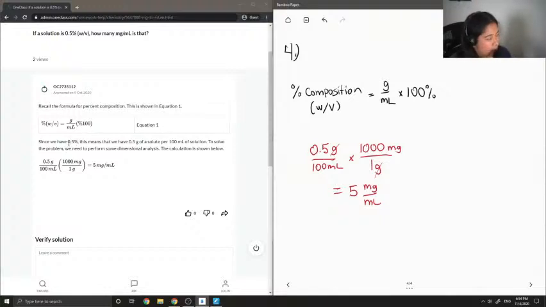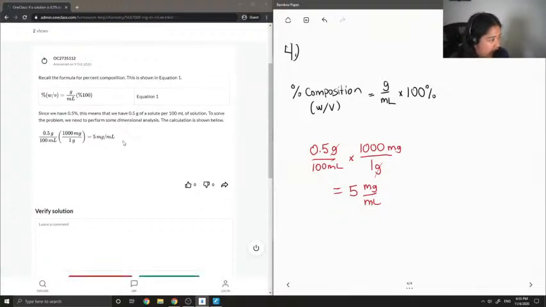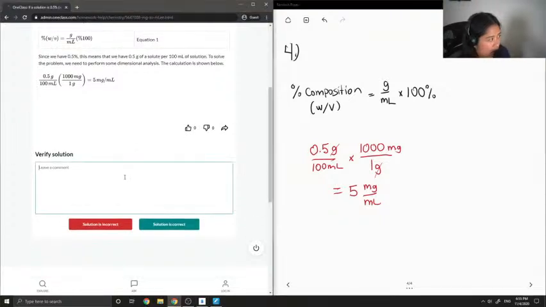Since we have 0.5%, this means that we have 0.5 grams of a solute per 100 milliliters of solution. To solve the problem, we need to perform some dimensional analysis. The calculation is shown below. And you can see they also got 5 milligrams per mil, and this solution is correct.